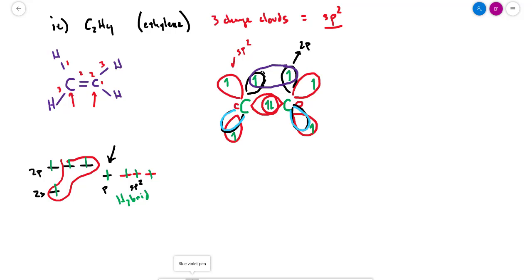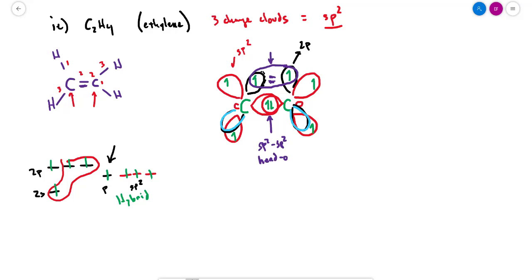So these things are pointing into and out of the plane, and they side-on overlap right here to form this second bond. So the first bond comes from the head-on overlap between the sp2 orbitals of the carbon, and then the second bond comes from the side-on.